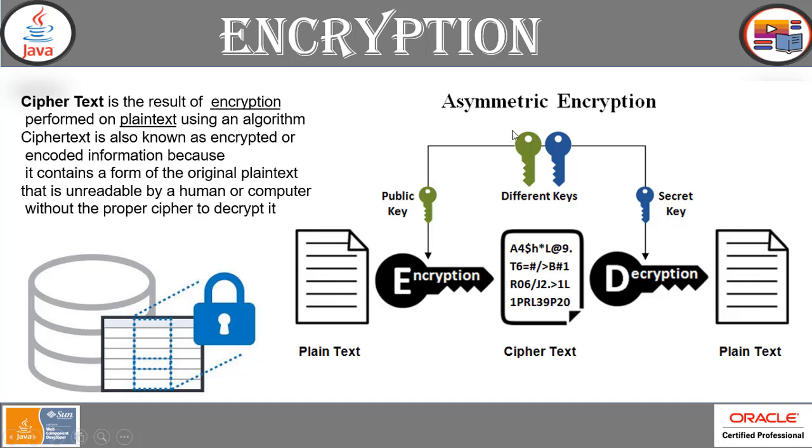Two different keys process this plain text, and after encrypting the plain text with the keys, it shows you a ciphertext. Once the ciphertext is produced, at the other end we have to decrypt it with the help of the secret key, your private key. This private key will then decrypt it back to the plain text. This is how it works.